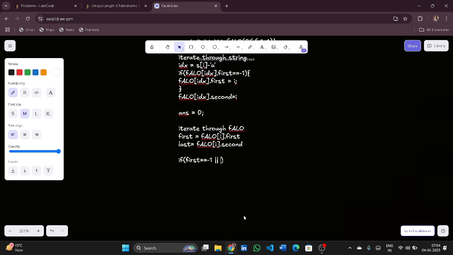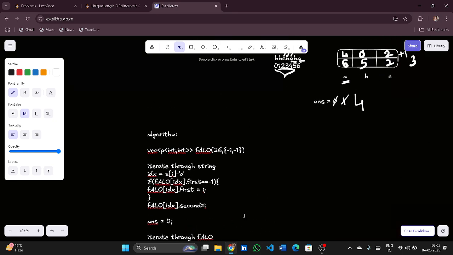If first is equal to -1, or last is equal to -1, or last is less than first plus 1.